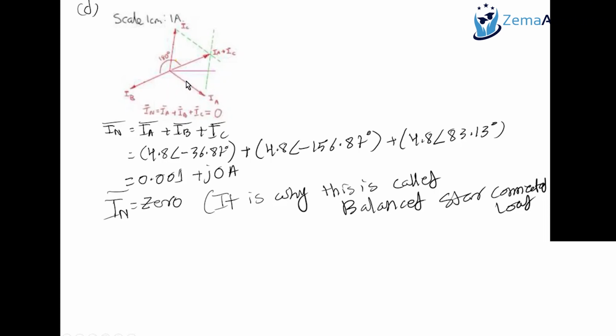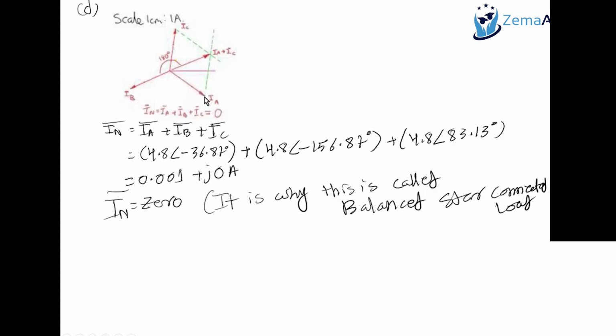That means you are going to add all the currents by drawing the parallelogram. So first you have the IA here. This is not asked in the question, but I have done it to make sure we are consistently applying the mathematics on the phasor diagram as well.